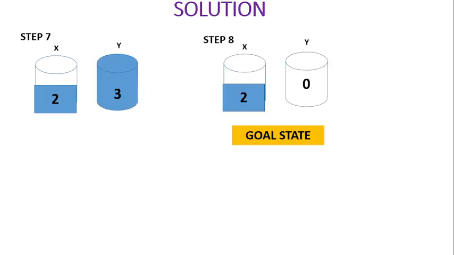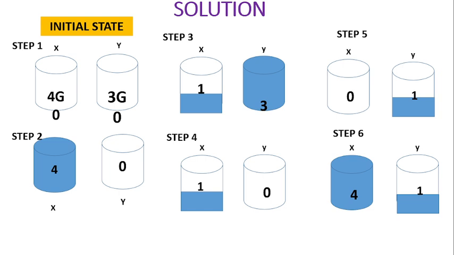Now what is my step 7? Step 7 is transferring the water from X to Y. Please remember in step 6 Y contains 1 gallon of water. Now if we transfer from X to Y, already we know that Y has a 3 gallon capacity, and already we have 1 gallon.